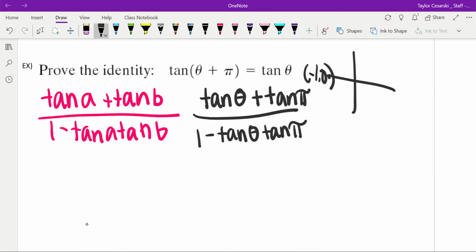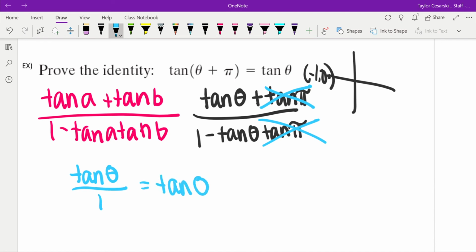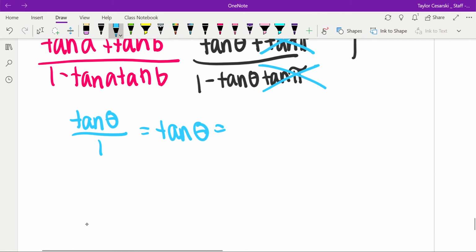So that's going to turn into this just being 0, and then tangent of pi, this just being 0. Okay, so some nice things start to happen. So I end up with tangent of theta over 1, which just equals tangent of theta, which on the right side also equals tangent of theta, and therefore I've proved my identity.